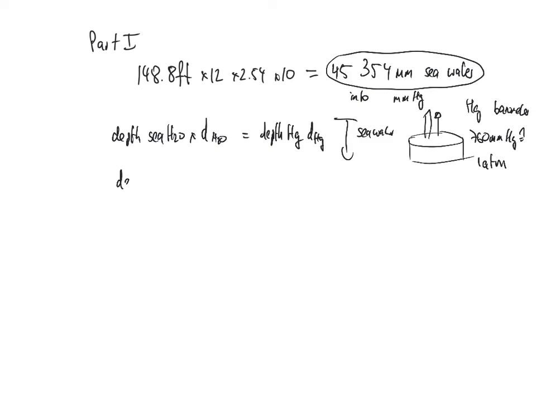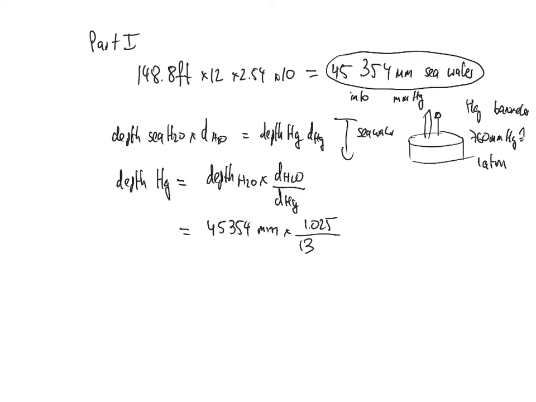So then basically the depth or the difference in pressure here of Hg is simply my depth of water times the density of water divided over the density of mercury, which in this case is 45,354 millimeters times the ratio of densities, which is 1.025 divided by 13.91, which in this case is 3,342 millimeters of Hg.